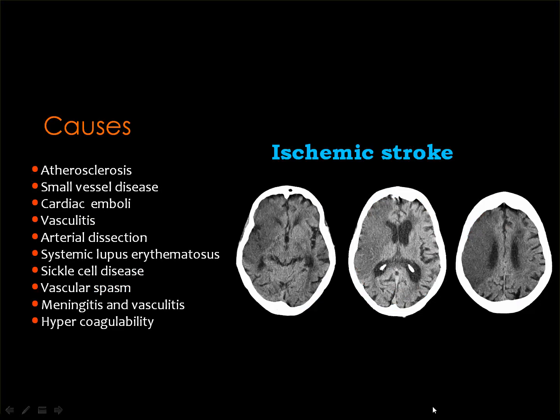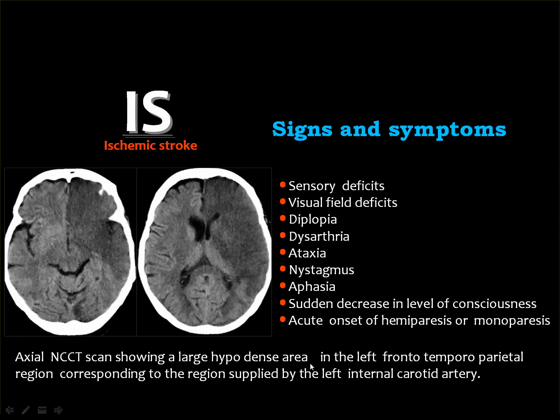Ischemic stroke. And you know, ischemic stroke has many causes, including arteriosclerosis, small vessel disease, cardiac emboli, vasculitis, arterial dissection, systemic lupus, sickle cell, and many of the coagulopathies that can result in vascular occlusion, and this will proceed to the formation of an infarction in the brain.